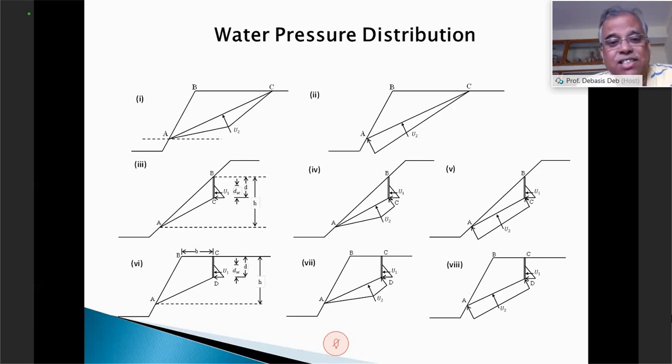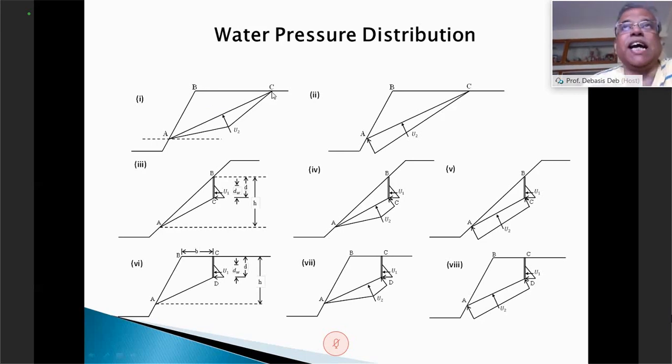And ice, we know, increases in volume. It will give a different type of pressure to the slope. So many different combinations and permutations we can do. Now let's assume the first case, this slope, if I want to explain what it is.